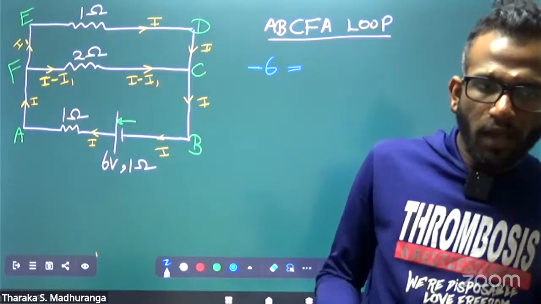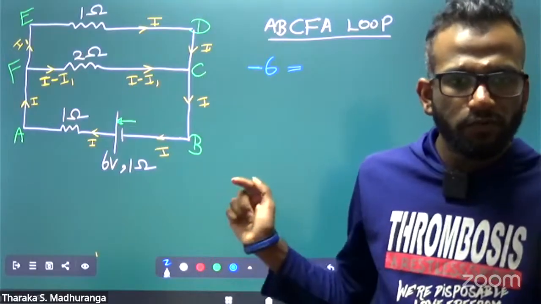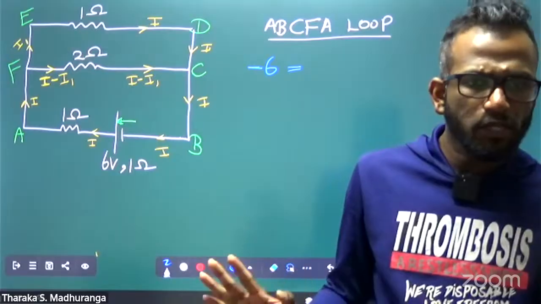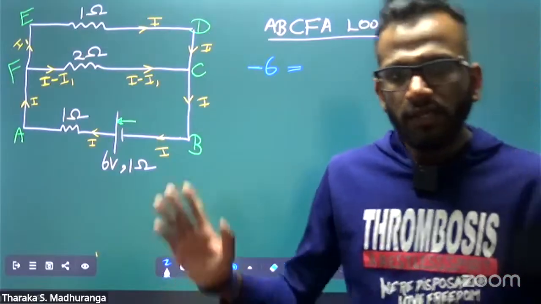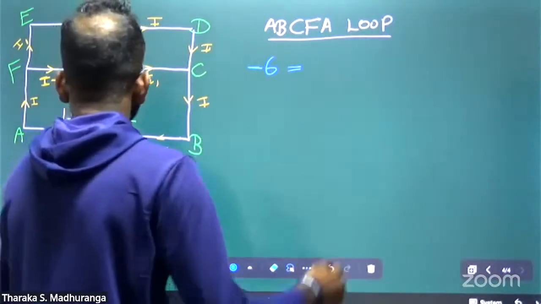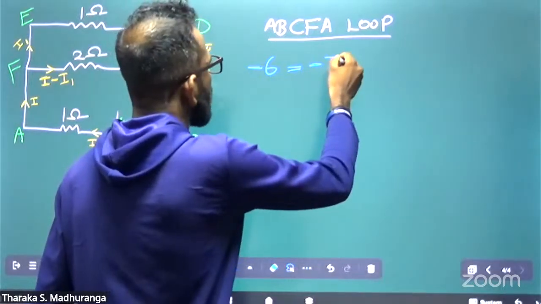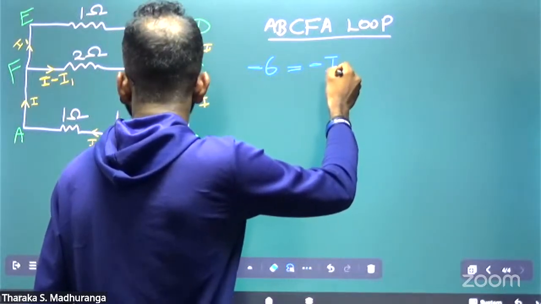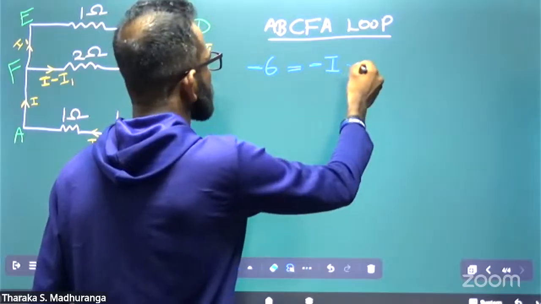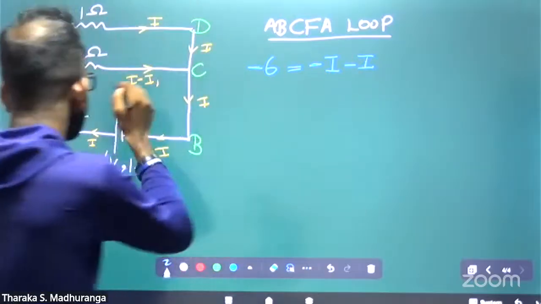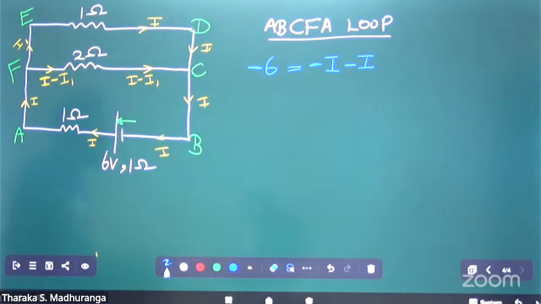Understood? I'm going from A to B, but the current is flowing from B to A, as we marked. Then minus I. Again minus I, because there are two resistances, 1 ohm each.